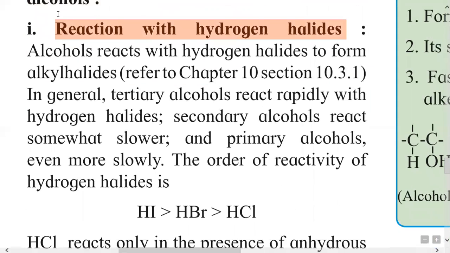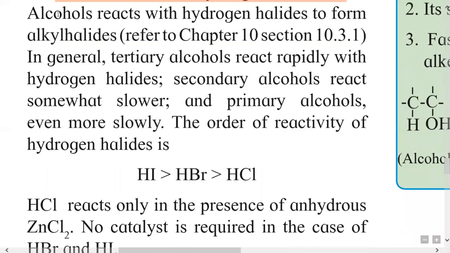We know hydrogen halide is HX. It may be hydrogen chloride, hydrogen bromide, or hydrogen iodide. All these hydrogen chloride, bromide, and iodide react with alcohol and give corresponding alkyl halide.